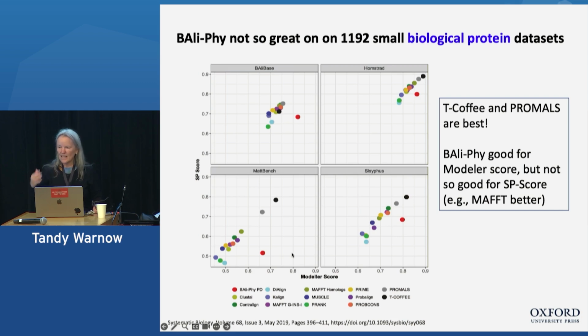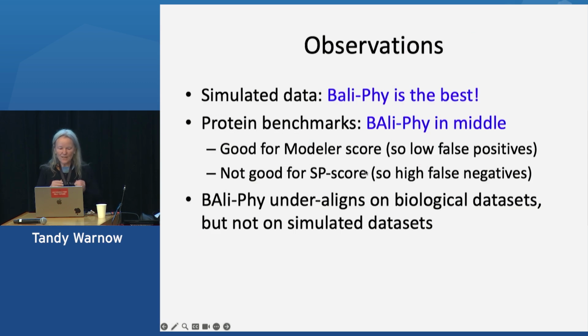What that means is that if it has 2 things in an alignment, it's probably right in a site. But it's failing to recover a lot. So it's not great for SP score. It has good precision, poor recall. And this is just really weird. So Bellify is the best on simulated data, and it's in the middle, really, on the protein benchmarks.